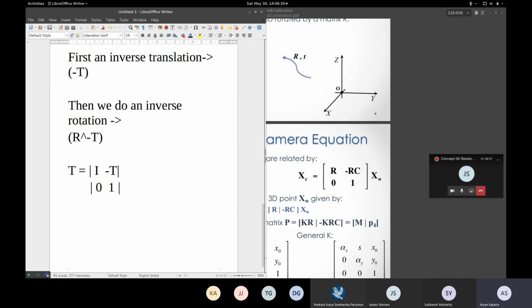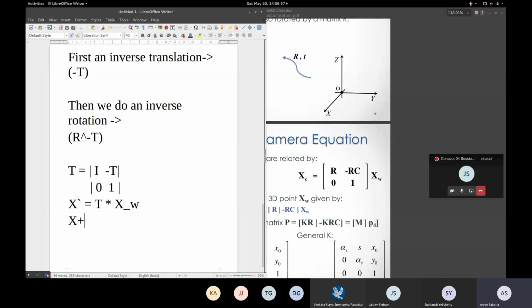Since we do translation first, our equation should look something like this, T into X world. This is what it looks like after translating, and I'm just going to write this as X dash.